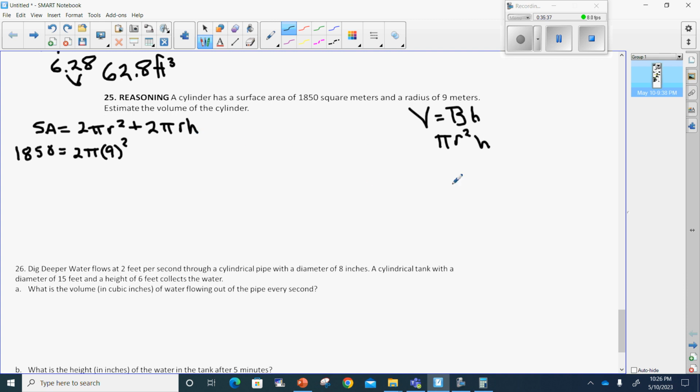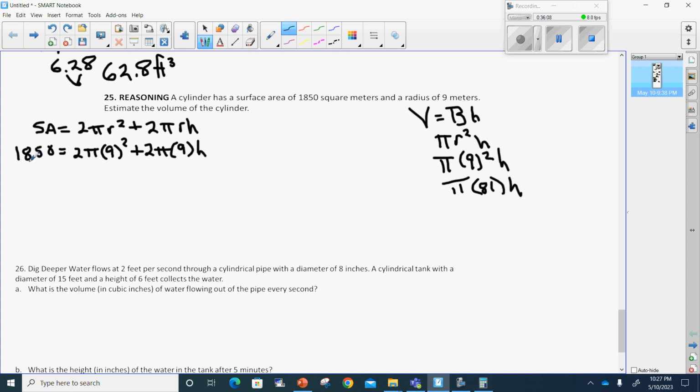We got to find h, because we already know that the r is 9, so that's 9 squared. This is going to be pi times 81, and then times the height. We don't know what the height is yet. We are going to find it over here. We're going to add this to 2 times pi times 9 and times h.